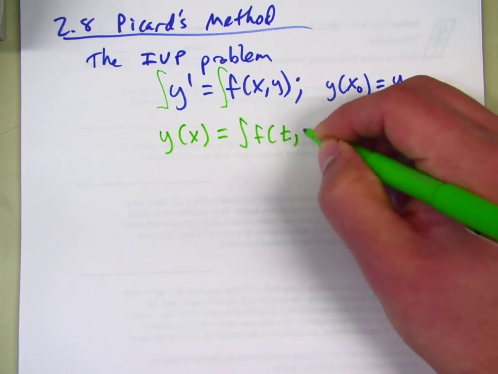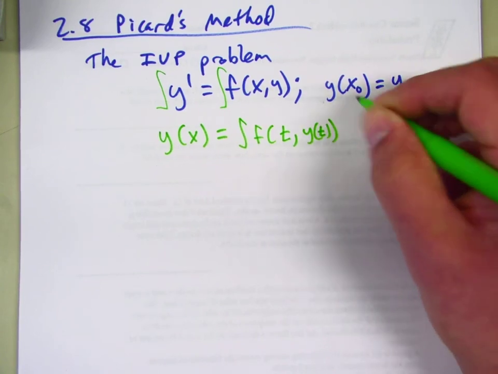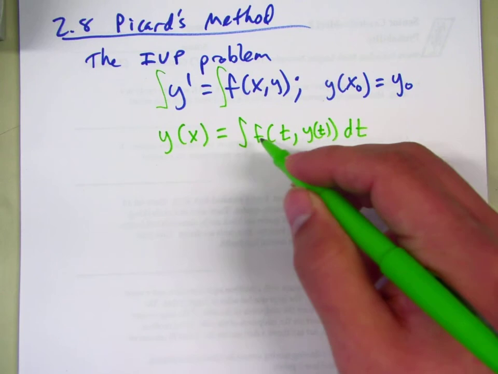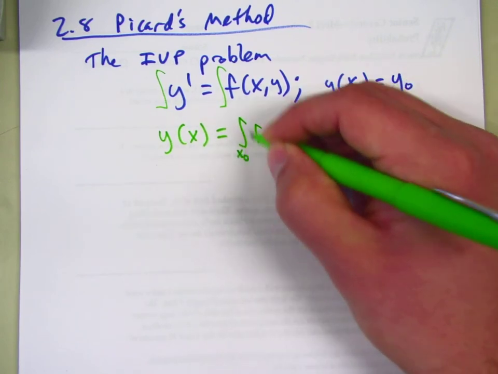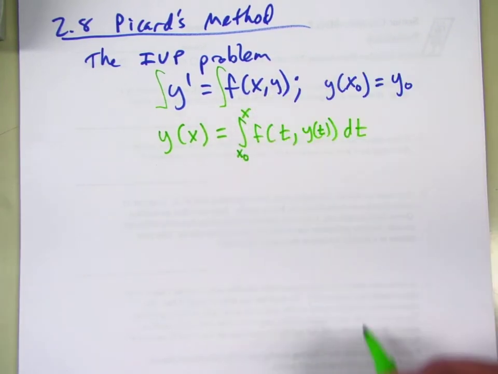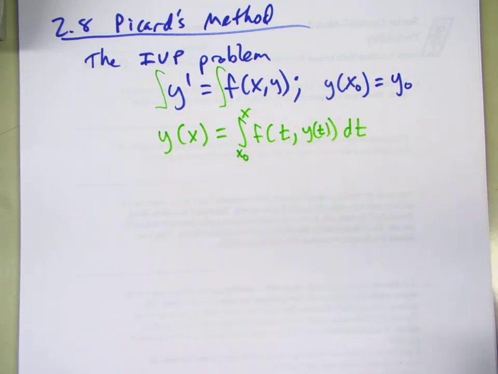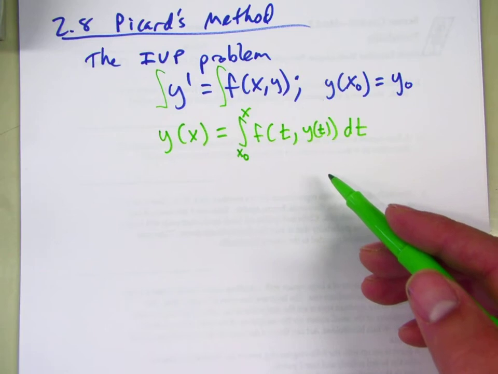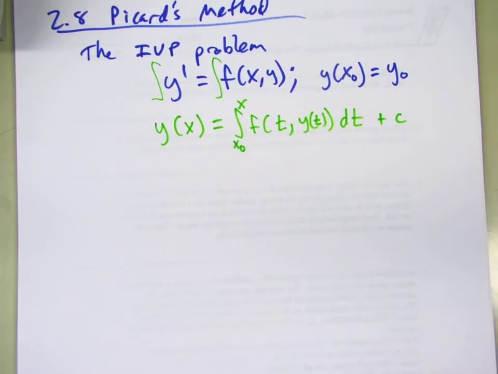So x is t, and then y will be defined in terms of t. And so now everything here is in terms of t on this side. And then we just do x naught to x, so that in the end, this integral on the right-hand side, whatever it turns into, will be a function in terms of x. Does that make sense? Okay. And then, of course, don't forget plus c on one of the sides.